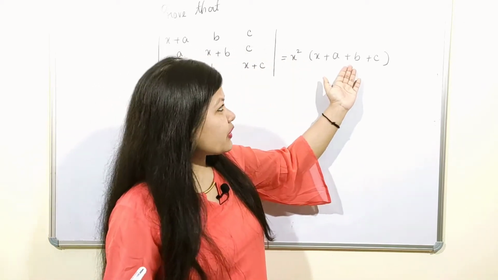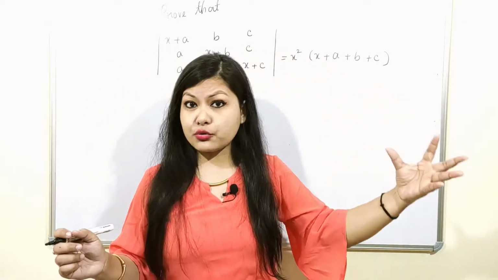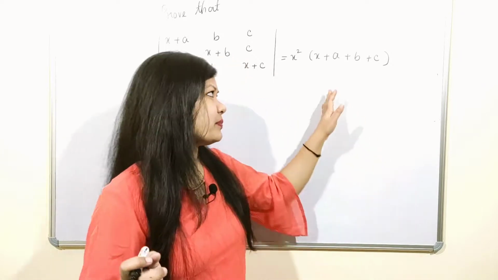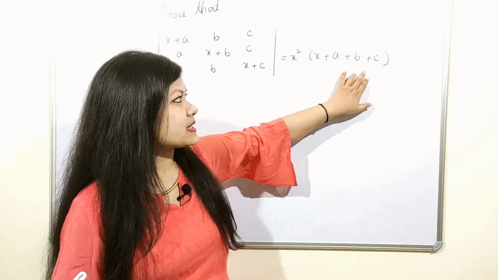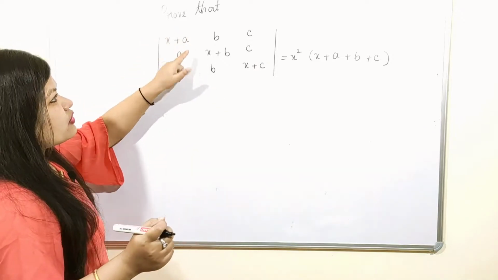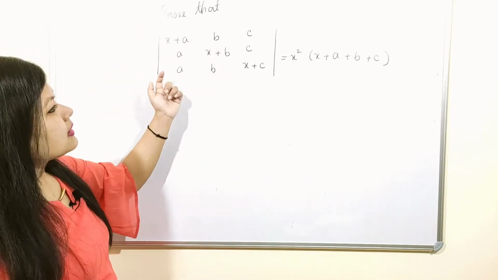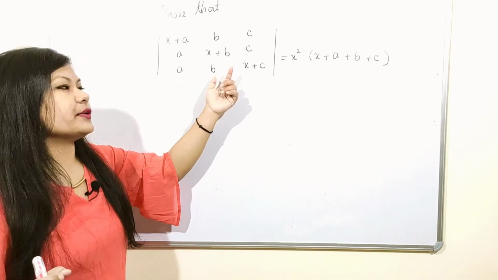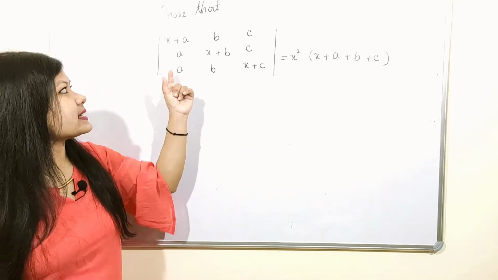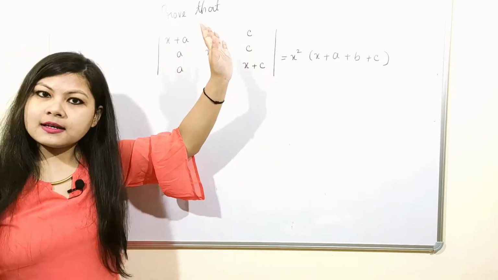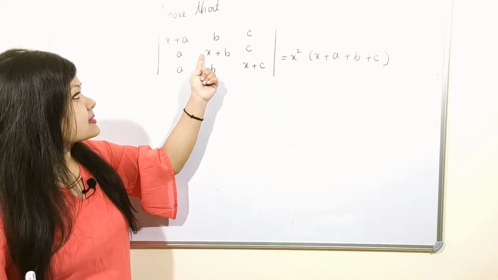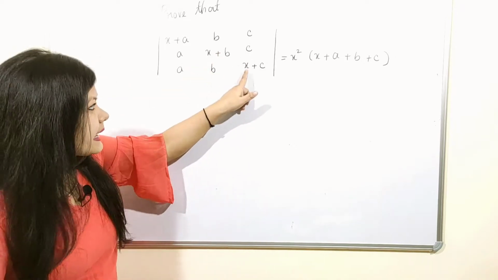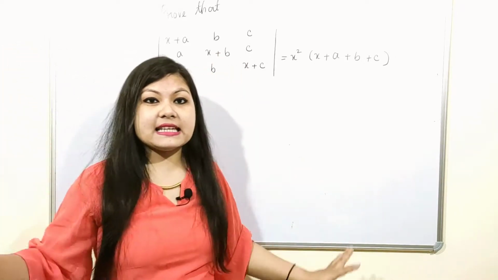Now see, this is the product of two factors, x square and x plus a plus b plus c. Looking at this factor x plus a plus b plus c, suppose we add all the elements of the first column, second column and third column, then there is a possibility that we get x plus a plus b plus c each time, that means adding all the elements.